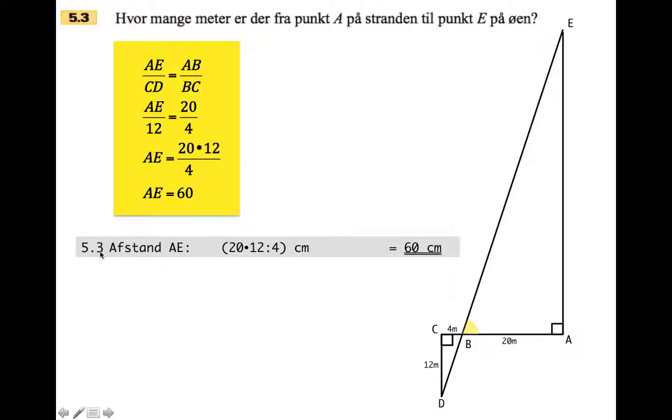So as a neat answer, I've written 5.3, distance AE equals 20 times 12 divided by 4, which is 60. I notice I've written centimetres there. That should, of course, be meters.